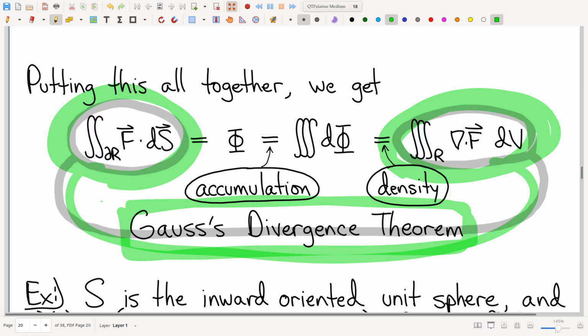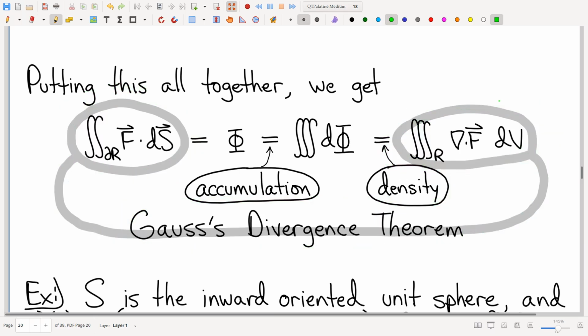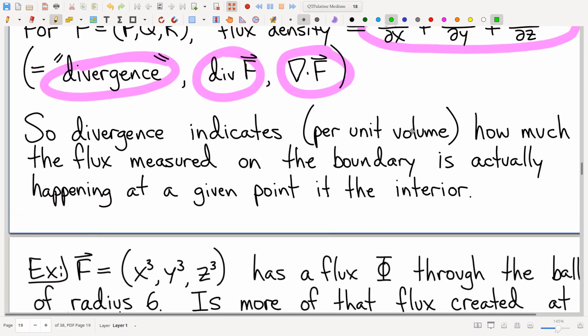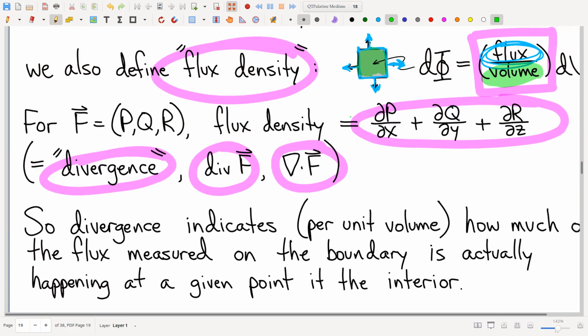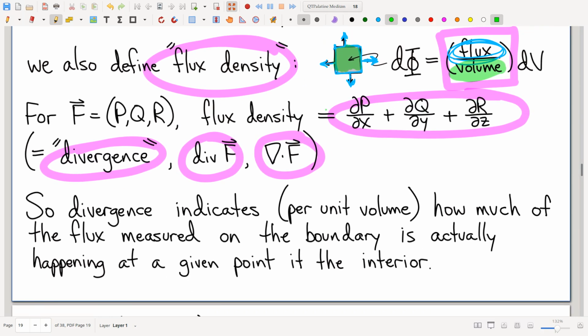Okay. Before we do an example of this, let me come back up here. This is a nice opportunity for me to follow up on a promise that I made back in Chapter 3. Back in Chapter 3, I made a completely unjustified claim.